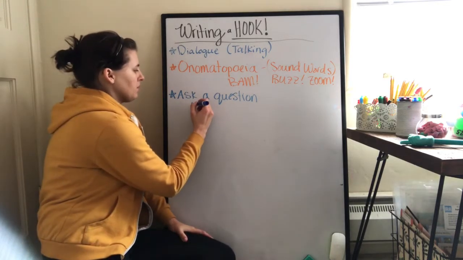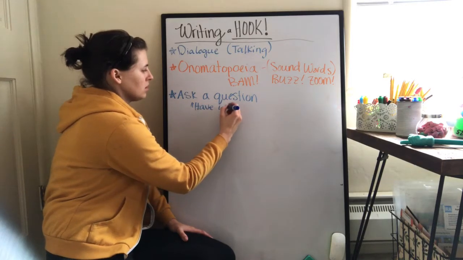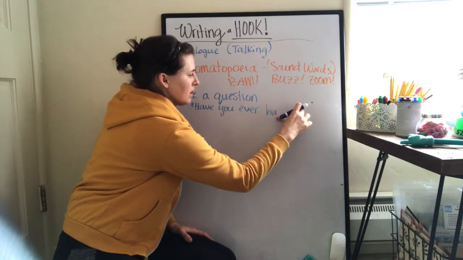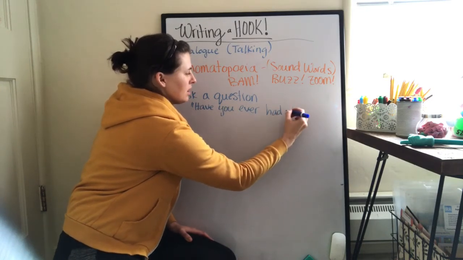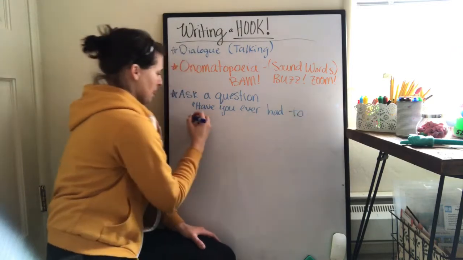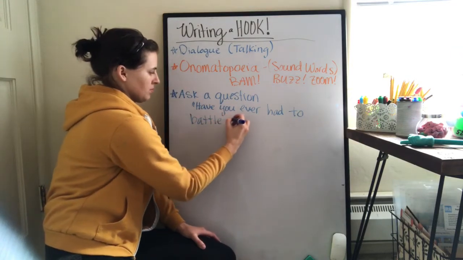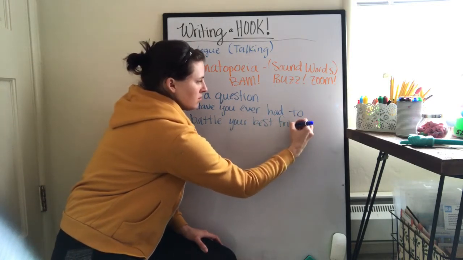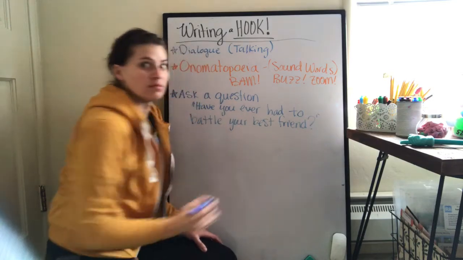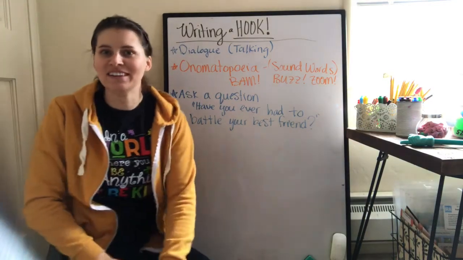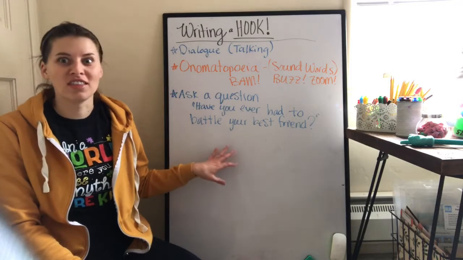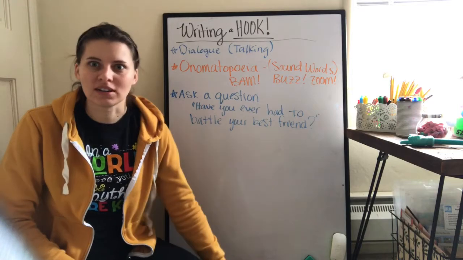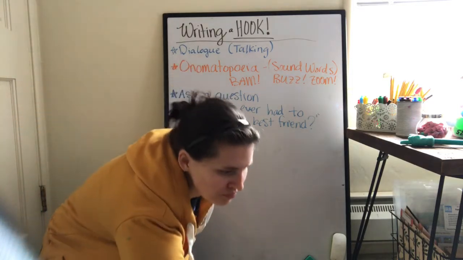An example might be, have you ever had to battle your best friend? Ooh, that's interesting, right? Maybe you have. Maybe you're thinking, I wonder if the story is going to be about two best friends battling each other. And I wonder what's going to happen, right? It gets your reader excited.